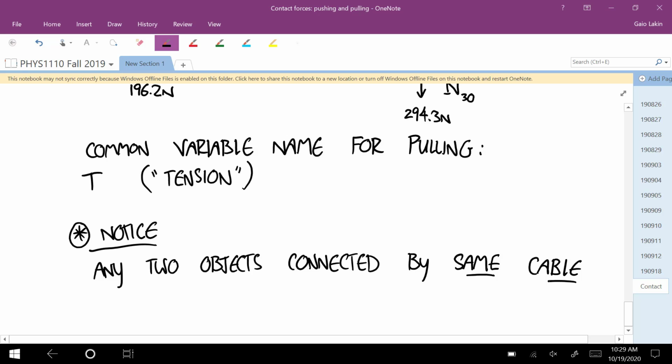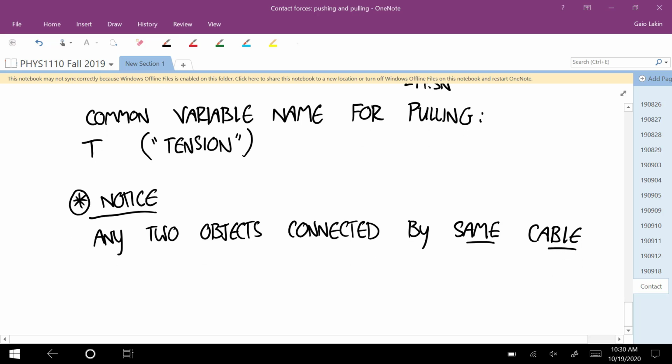Even if that cable is imaginary, even if we've replaced a different kind of contact with that cable, if they're connected by that same cable, even a cable that passes through pulleys, and we'll do some problems with pulleys later.